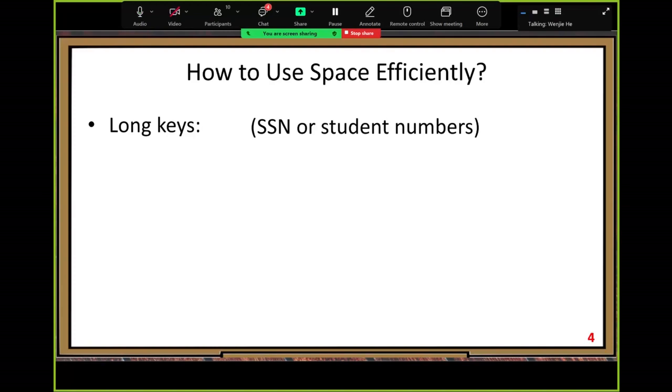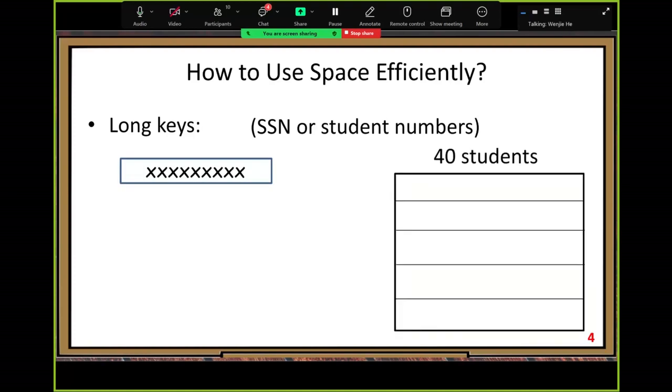So most companies provide their employees an employee ID, and for students, they use student IDs rather than Social Security numbers. But those numbers usually have many digits.